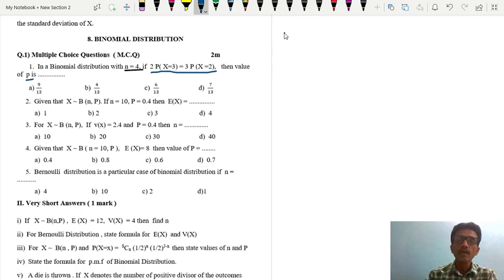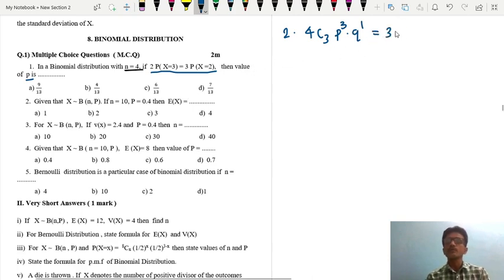Listen here, 2 times of p of x is equal to 3. So here n is equal to 4, so we'll write it 4c3 p raised to power x. So our x is 3, so p raised to power 3 into q raised to power n minus x, that is 4 minus 3, which is equal to 3 times p of x is equal to 2.